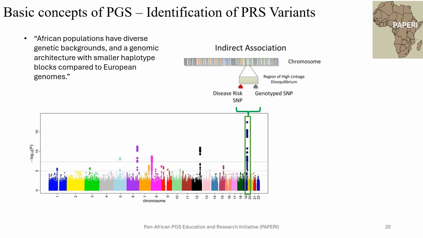But frequently in our genome-wide association studies, we don't actually find that one. We will find some other SNP adjacent to it, called a tagging SNP.